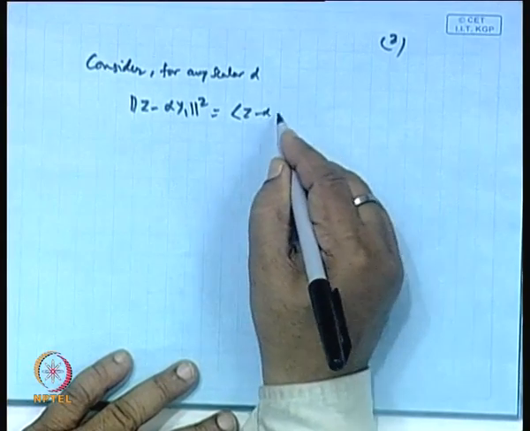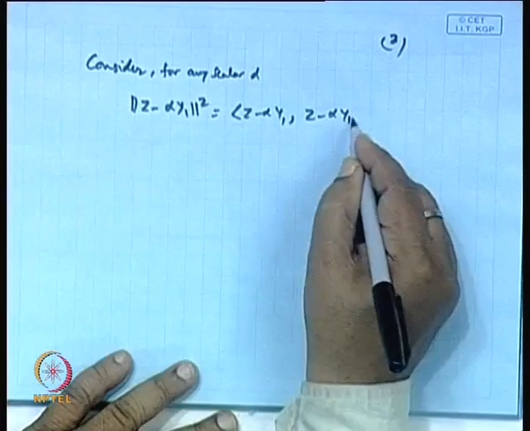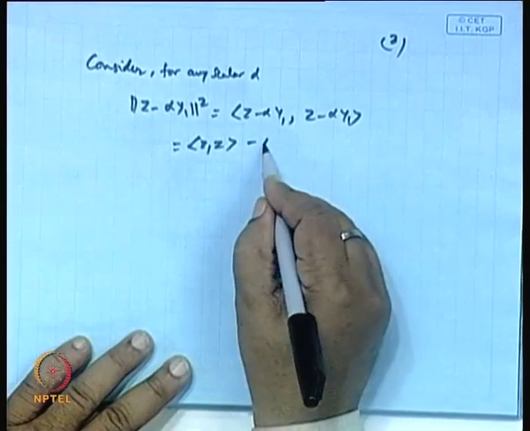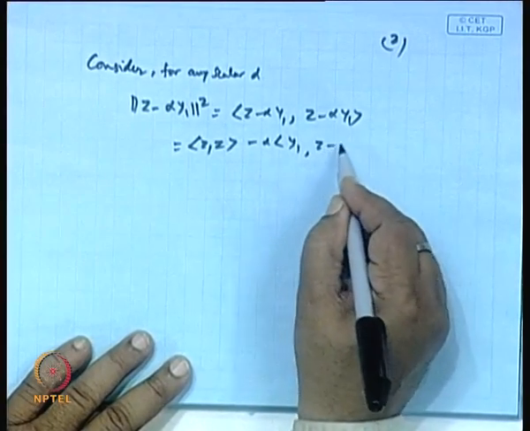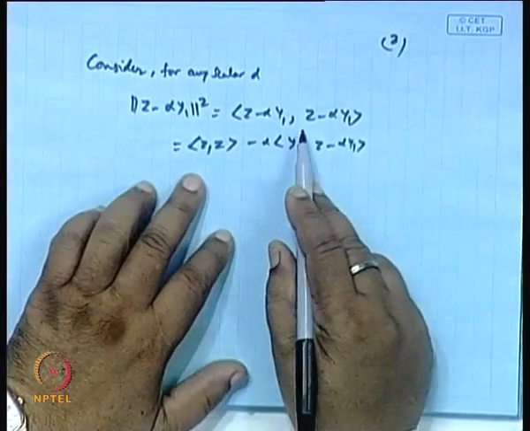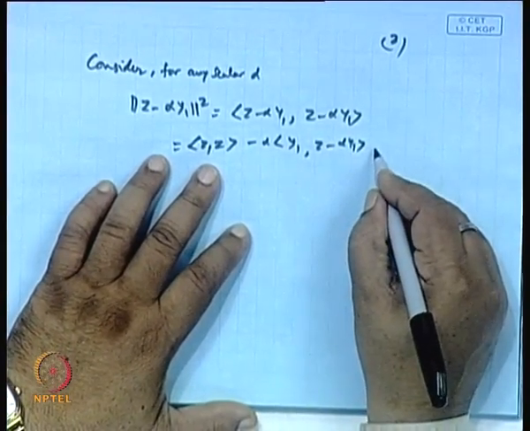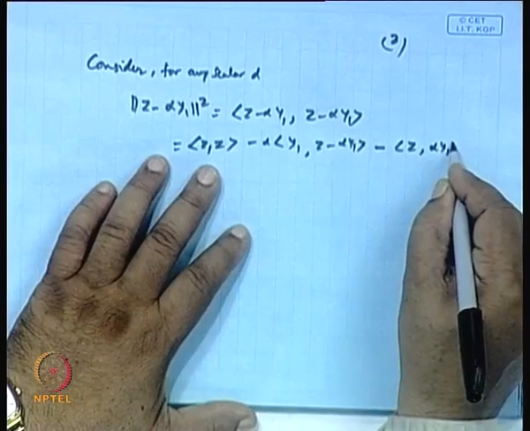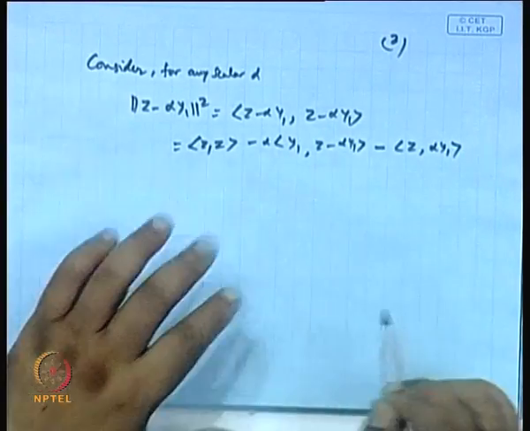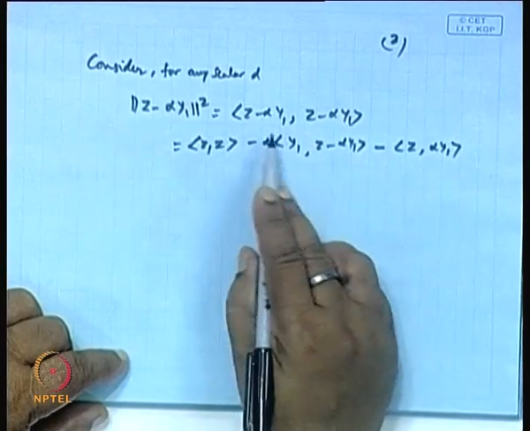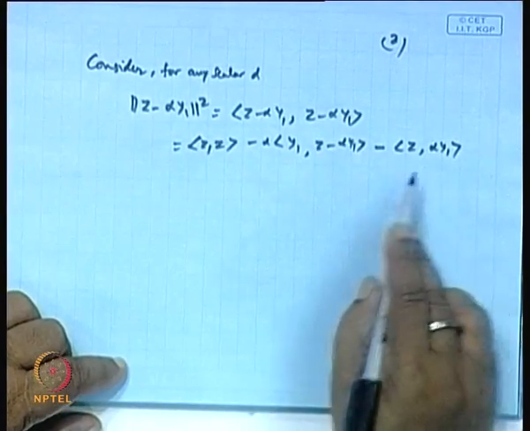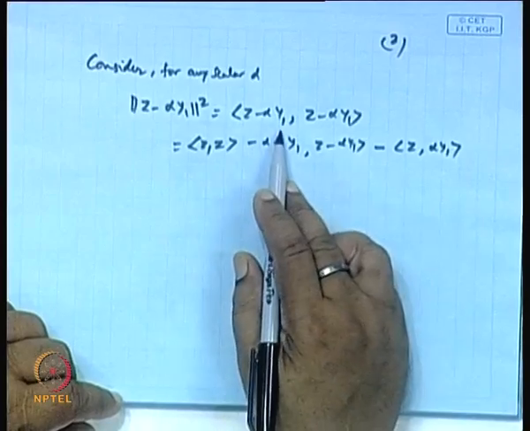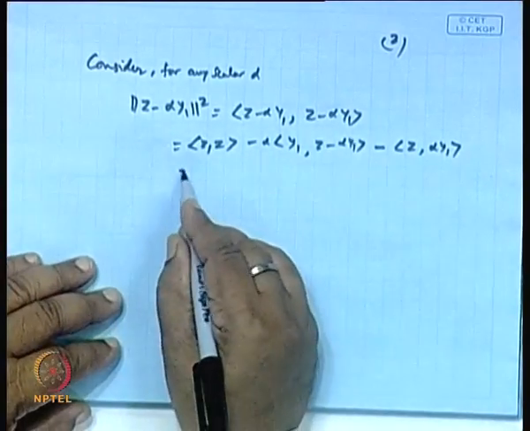This can be written in terms of the inner product as the inner product of Z minus alpha y1 with Z minus alpha y1, and this will be equal to the inner product of Z, Z, then minus alpha times the inner product of y1 with Z, and then minus the inner product of Z with alpha y1. Is it okay or not? Clear? Now, this Z comma Z, and then taking the minus sign outside, minus alpha bar, with y1 comma this.